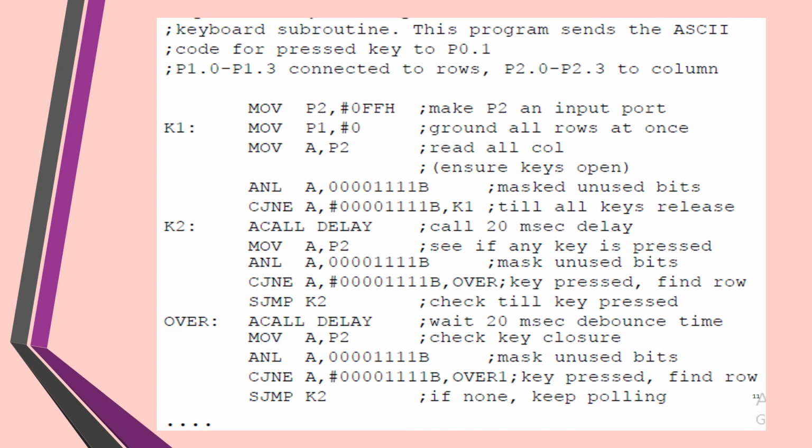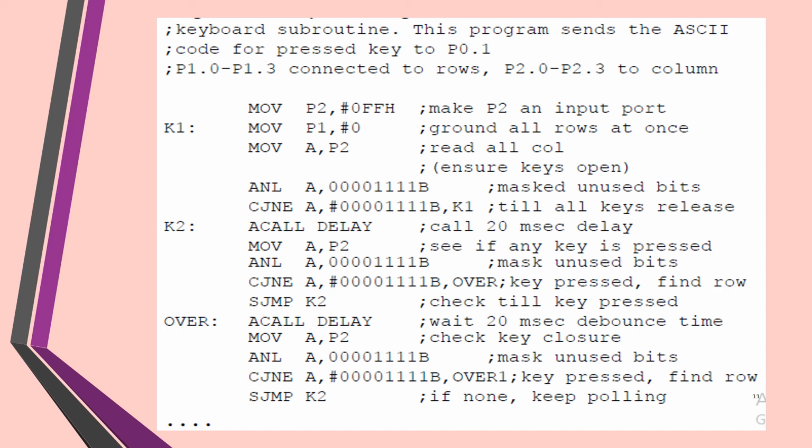Here again ANL A, #00001111B, mask unused bits. Then CJNE A, #00001111B. Over here, key pressed, find the row. Now you find the row. Jump again to K2. A 20 millisecond delay is given.